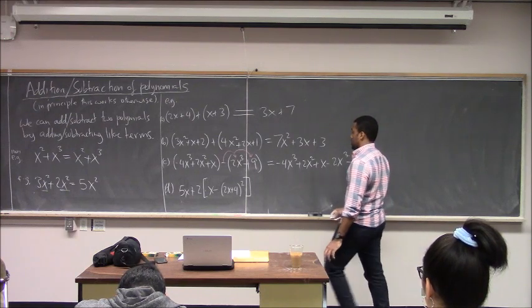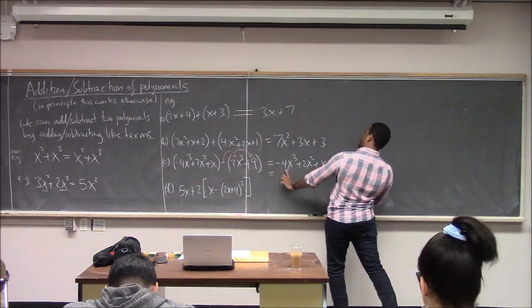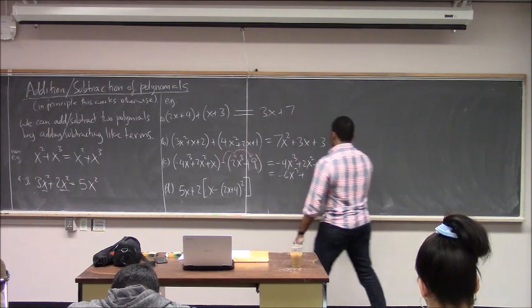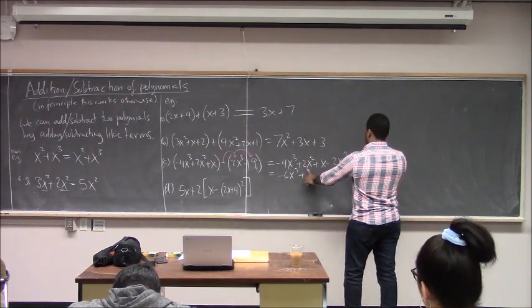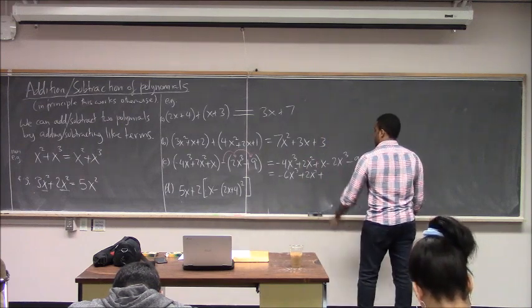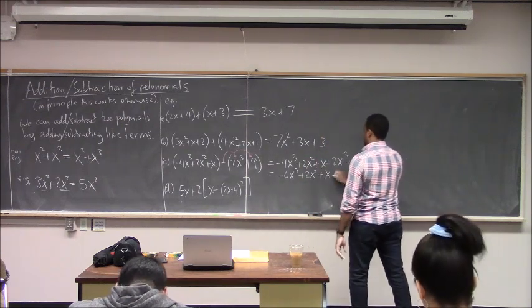And now you can combine like terms. Minus 4x cubed and minus 2x cubed, minus 6x cubed. Plus 2x squared, and there's no other x squared, so that's just 2x squared. Plus x. There's no other x, so that's just x. And 9, there's no other 9.